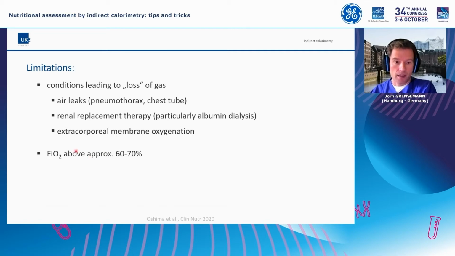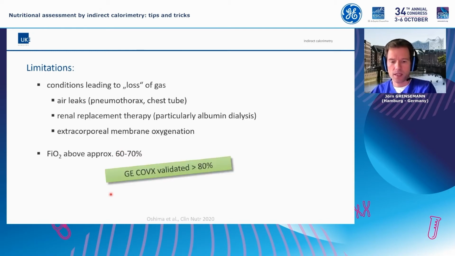An inspiratory fraction of oxygen above 60 to 70%, according to the literature, is the limit of calorimetry.